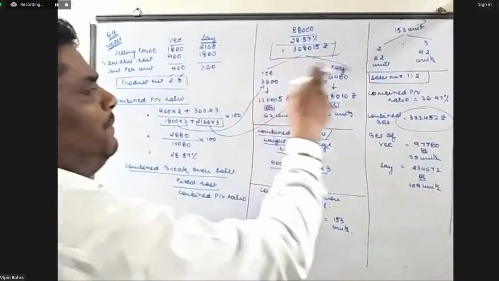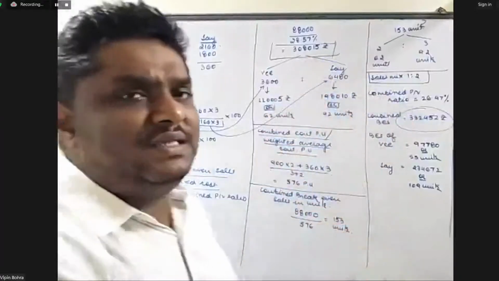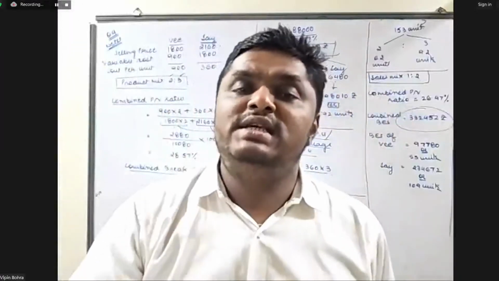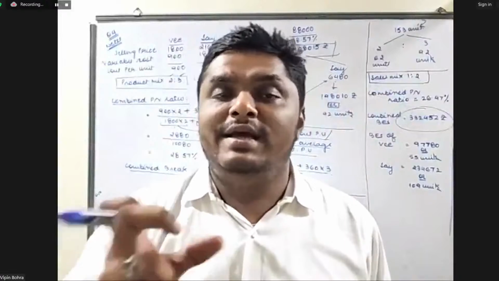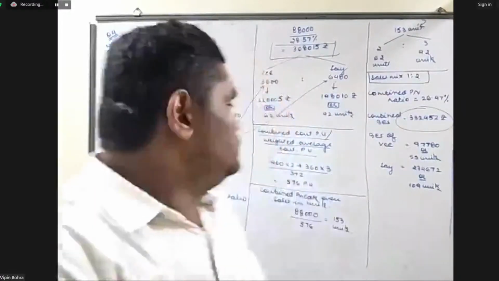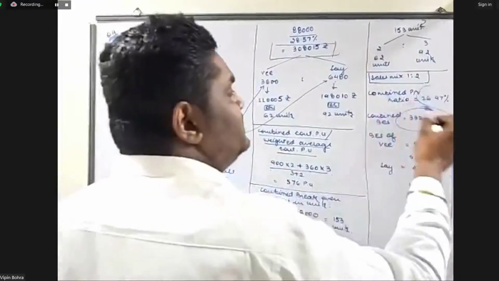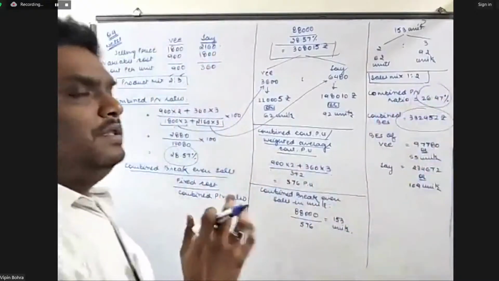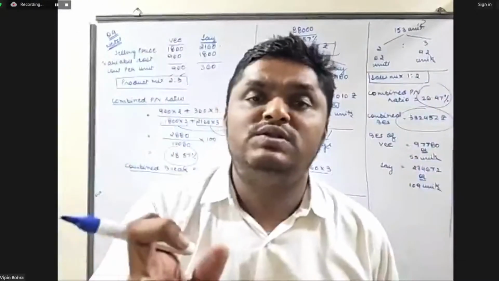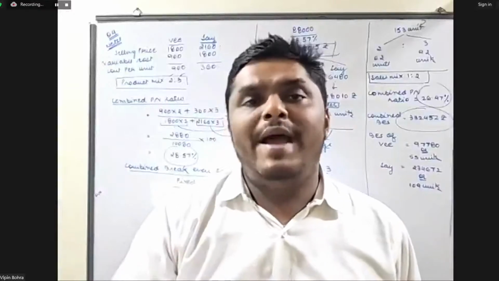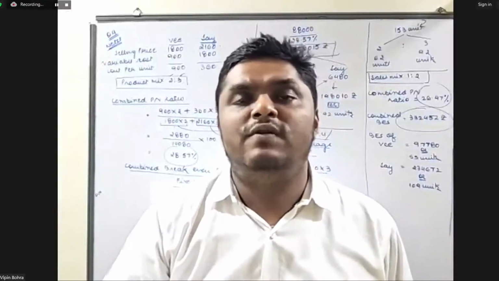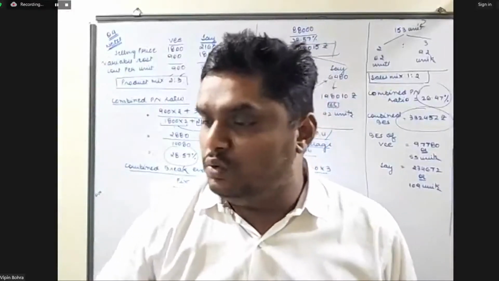So we have to compare these two. The one whose break-even sales is lower, or we can say the PV ratio is on the higher side, that sales mix is better. Here my PV ratio is 28.57 and here it is 26.47. So the optimal mix is 2:3. The management should go for the mix of 2:3 rather than 1:2.